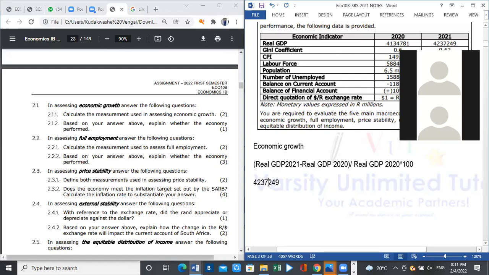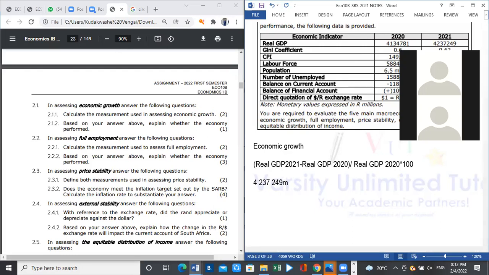So obviously these are not real figures. They say they are in millions of rands, so you're supposed to be putting extra figures, but we just know that this is in millions.